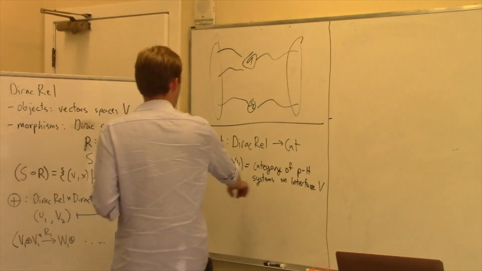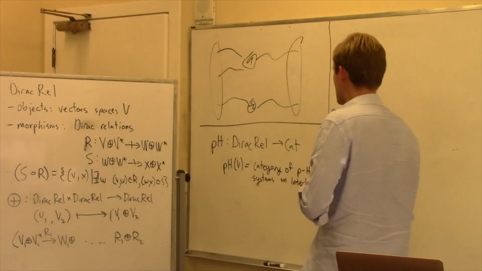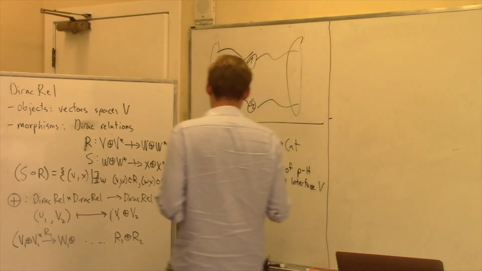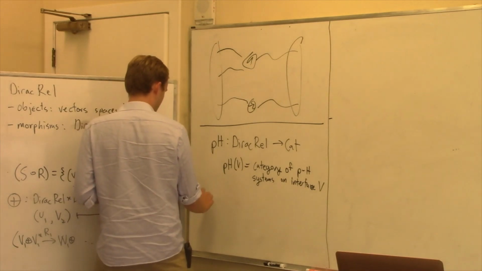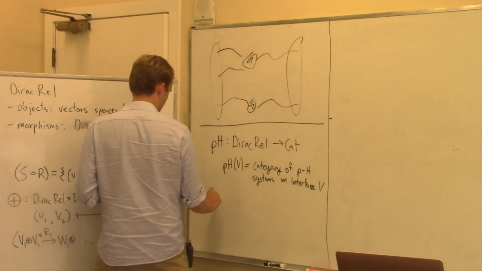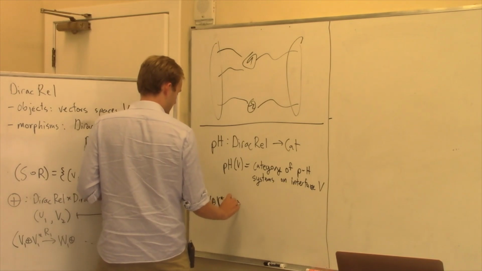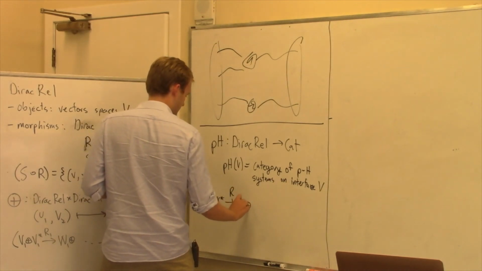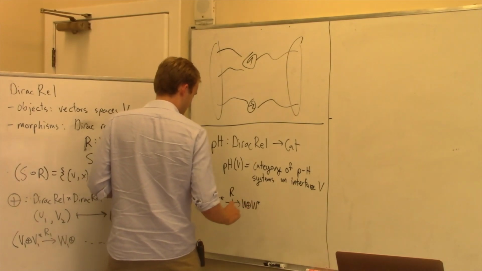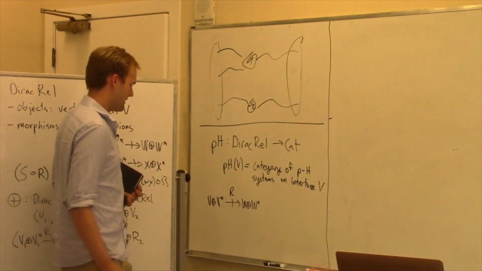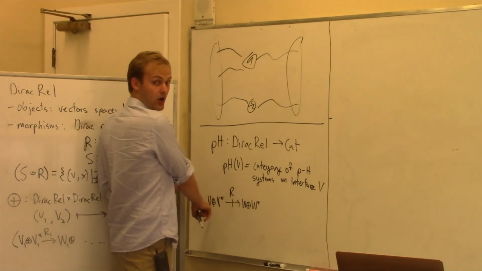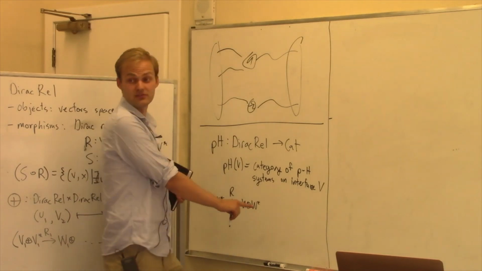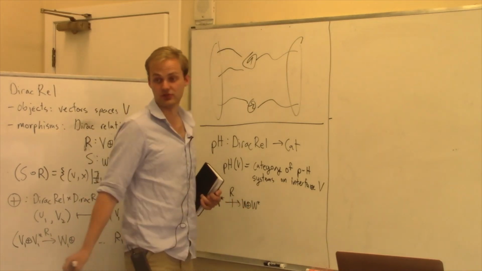Okay, the PH of V. One question: what does this do on morphisms? So, if we have V direct product V star and R to W direct product W star, how do we take a Port-Hamiltonian system on V direct product V star and make it a Port-Hamiltonian system on W direct product W star?